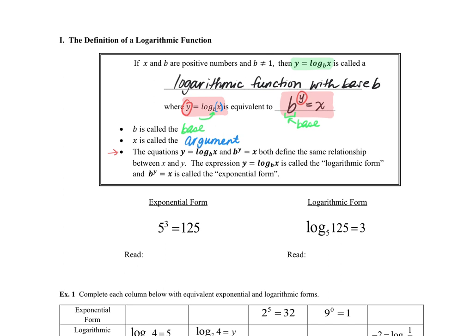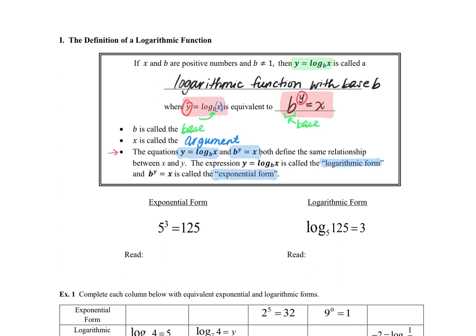So get out your highlighter once again. y equals log base b of x is equivalent to b to the y power is equal to x. These are equivalent expressions. They define the same relationship. The first one is considered the logarithmic form of that equation, and the second one is considered the exponential form of the equation. So our first goal right now is just going to be to get comfortable going from exponential form to logarithmic form and back and forth.